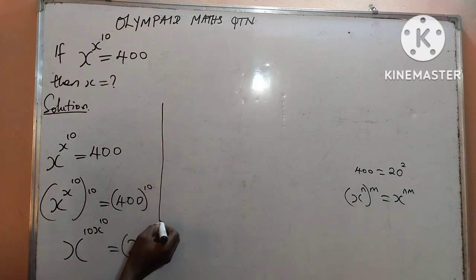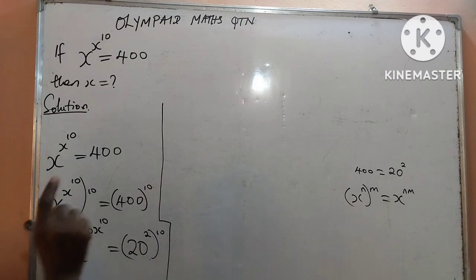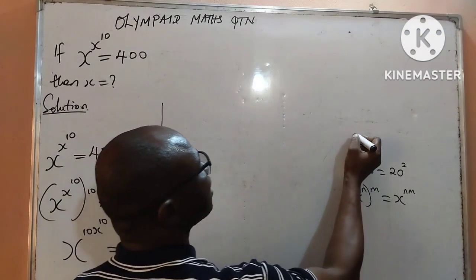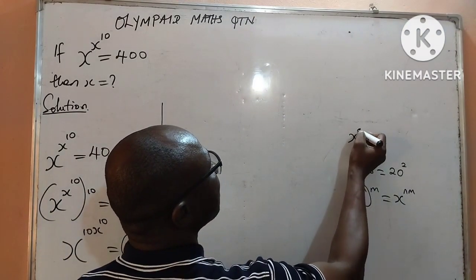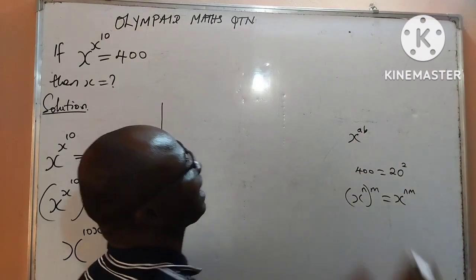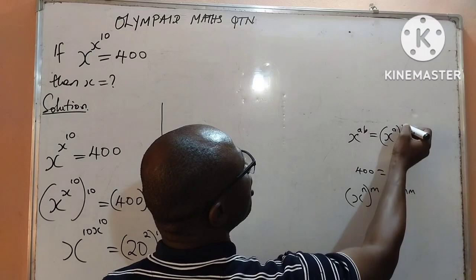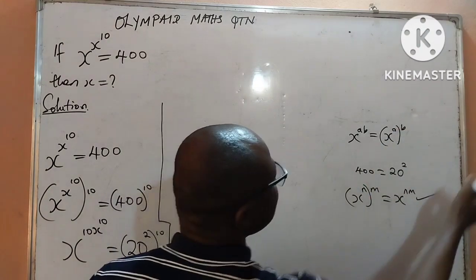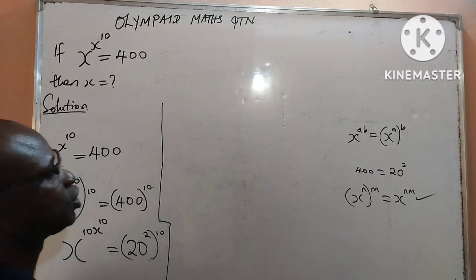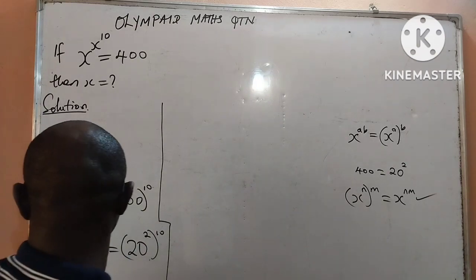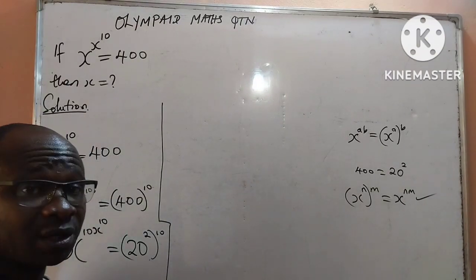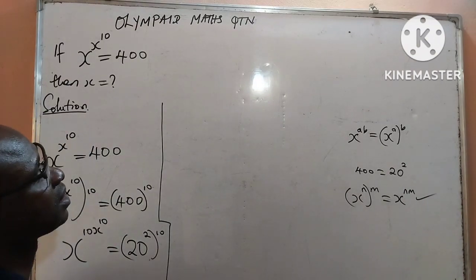Moving forward, if I have x raised to power ab, I can put it as x raised to power a, all raised to b. That is still the same law, which is called the power law of indices.